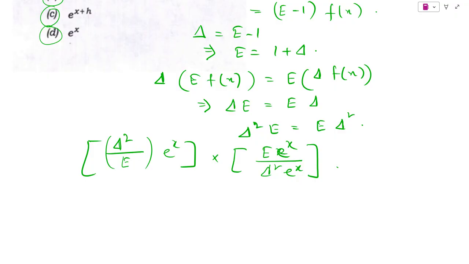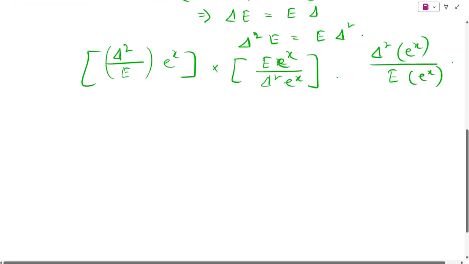Let's unpack what the first bracket means. The operator notation delta square by E into e to the power x simply means the operator delta square by E is operating on the function e to the power x. So we can rewrite this cleanly as delta square e to the power x by E into e to the power x.